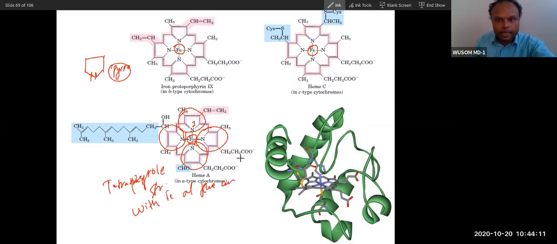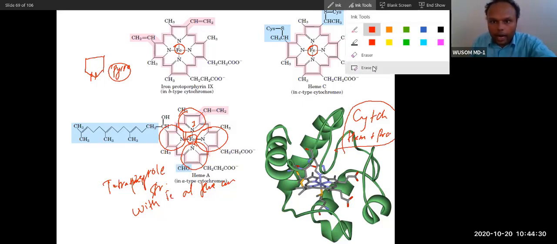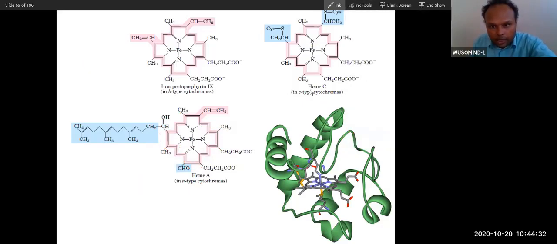These cytochromes are heme-containing; heme plus protein becomes cytochrome. So you can say this is the protein, this is the heme, and this is the cytochrome.